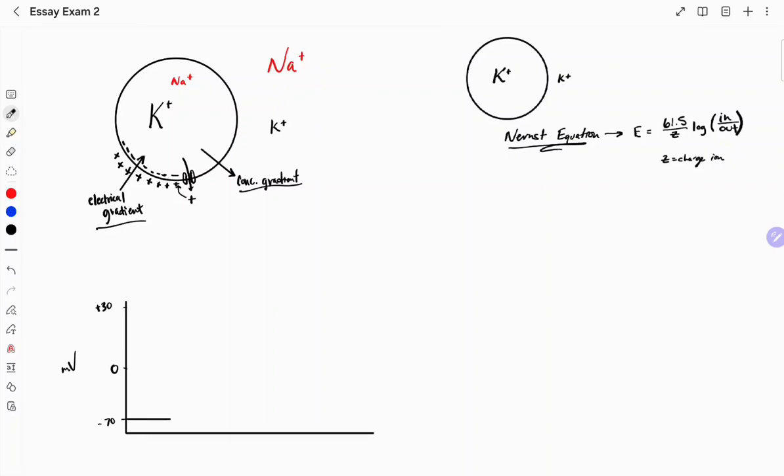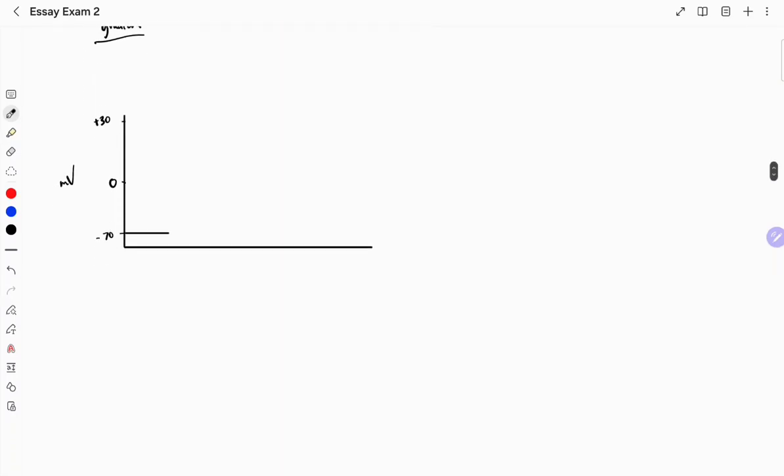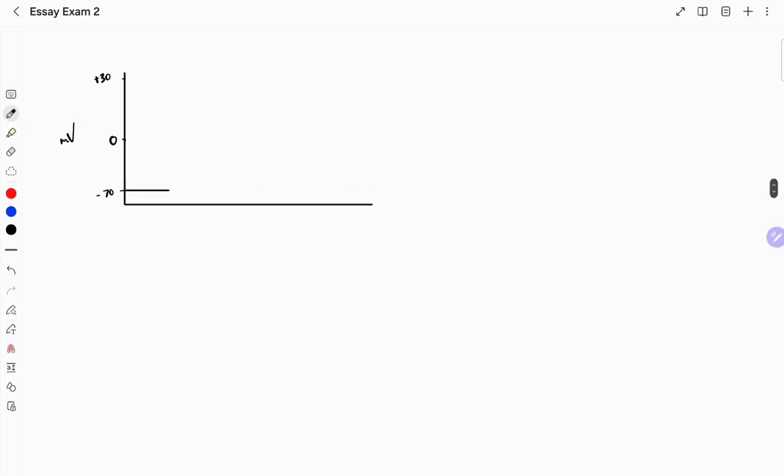Now, when we have a stimulus that increases or decreases the amounts of ions outside of the cell, that can affect this membrane potential and cause the cell to be either more or less polar. So let me come down here a little bit and try to visualize that.